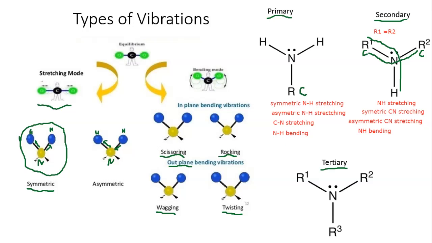It's mainly the stretching. Now for tertiary amines, imagine if we say R1 and R2 and R3 are all the same. So R1 equals R2 equals R3. So it's all the same R groups, and they're carbons. So notice in that one, we don't have any NH stretching in tertiary amines.